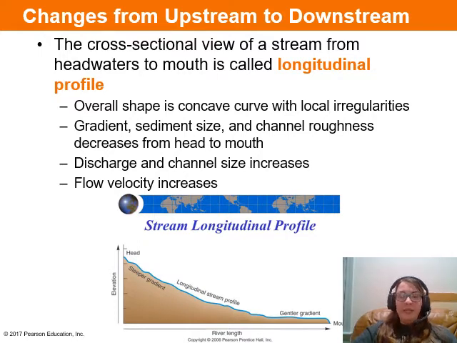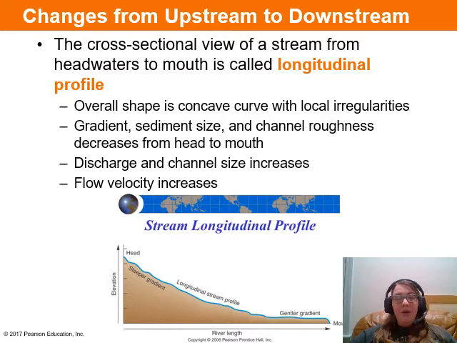So when we start off along our headwaters, this is where the gradient is going to be the steepest. Those mountainous regions, we're going to have really steep slopes. And we know that on steep slopes, water is going to be moving very quickly down the side. Therefore, it's going to have a high flow velocity.